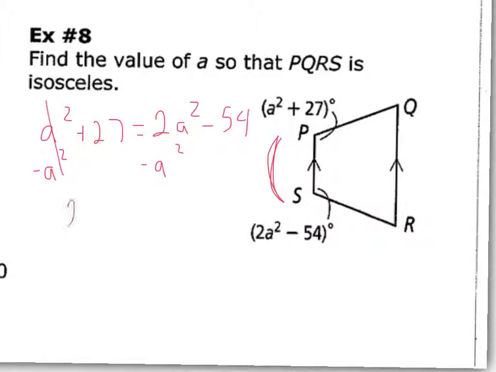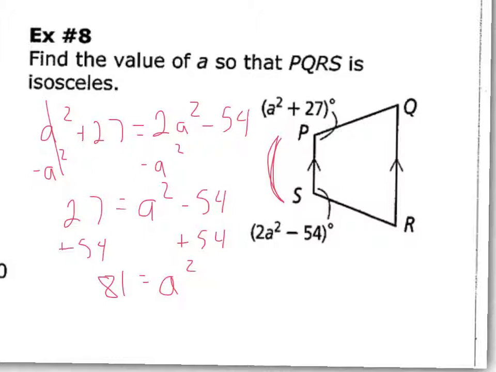Those cancel out, and I get 27 equals A squared minus 54. Then I must add 54 on both sides, and that would give me 81 equals A squared. To get rid of squared, you have to use a square root operation. So you would take the square root on both sides, and that squared drops out, and you just have A equals the square root of 81, which is 9. So you have A equals 9.